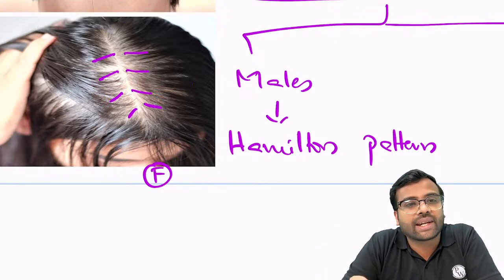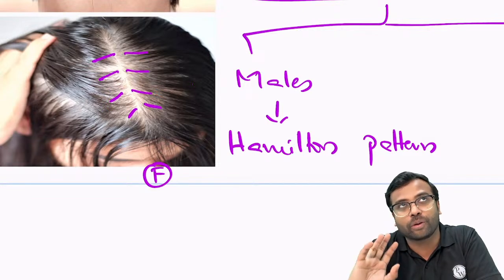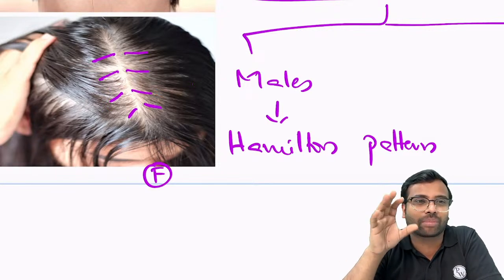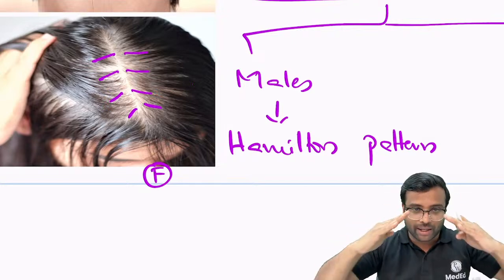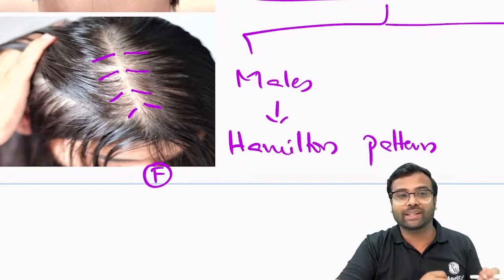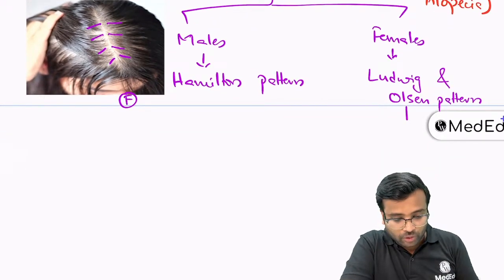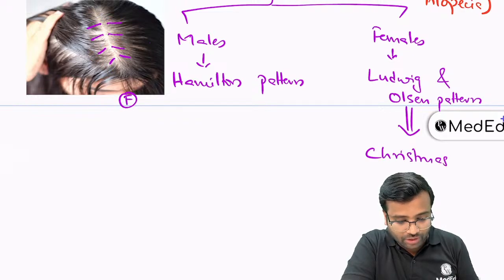So which tree does this resemble? In your imagination, can you imagine that this resembles some kind of a tree? Is there any tree which can be considered to resemble this pattern? So remember, Olsen pattern is also called the Christmas tree pattern.